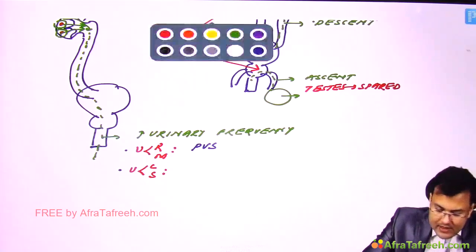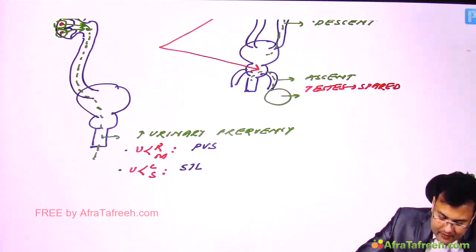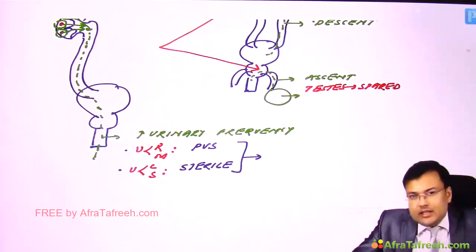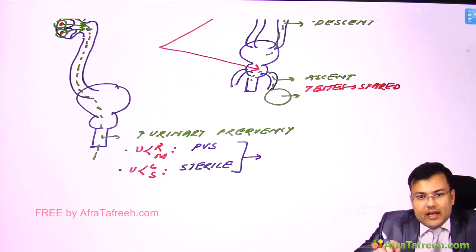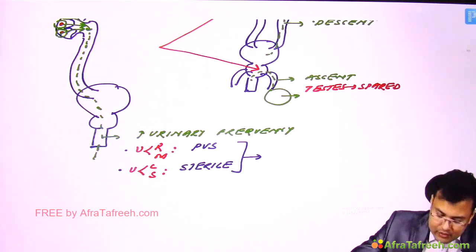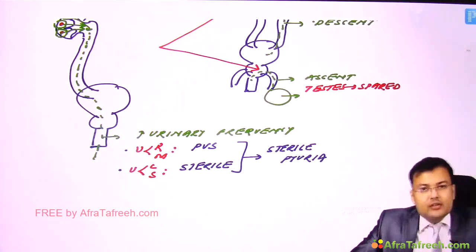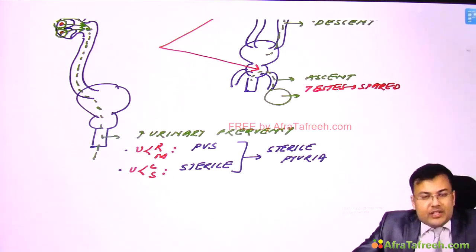It is sterile. So what is the problem? On culture sensitivity there is no growth within 48 hours, and there are pus cells on urine routine microscopy. This is known as sterile pyuria. Clear? So the earliest most common symptom of genitourinary tract tuberculosis is increased urinary frequency, and the patient has sterile pyuria. This is the beginning.